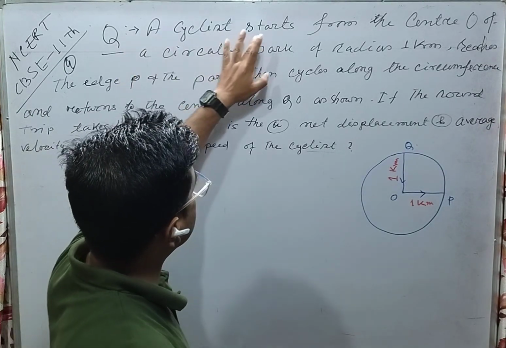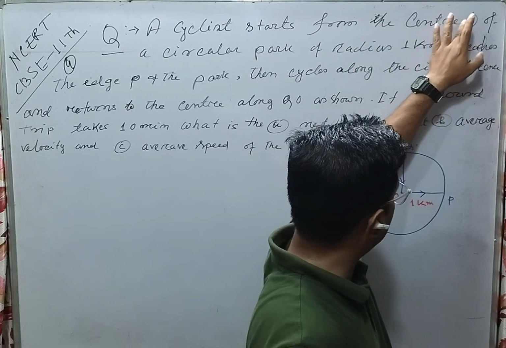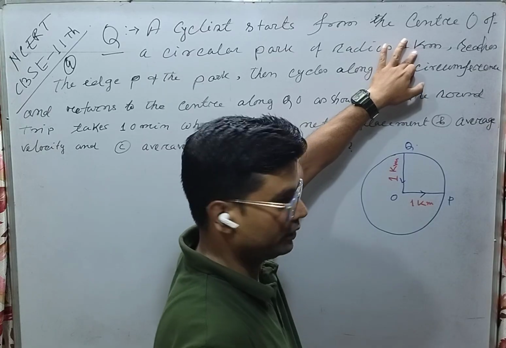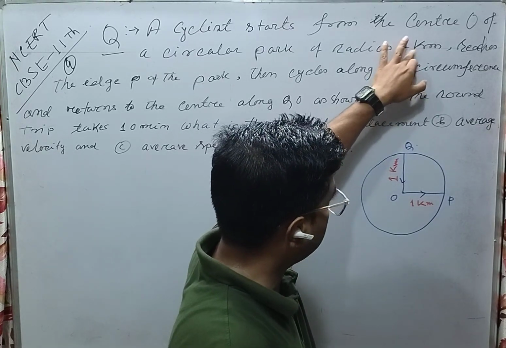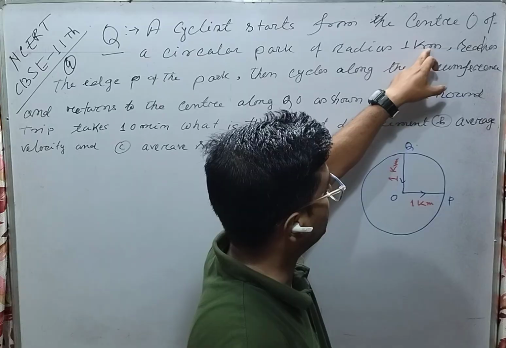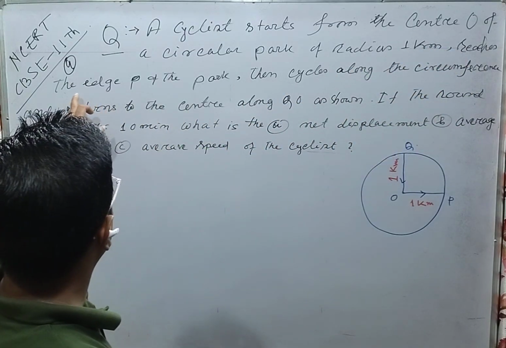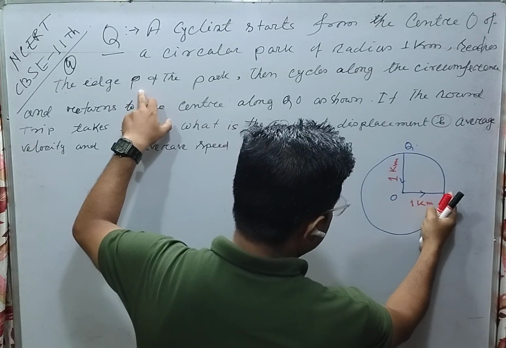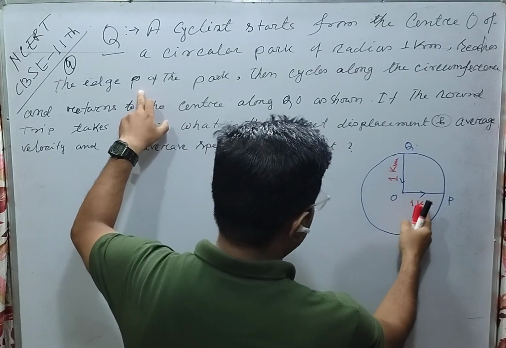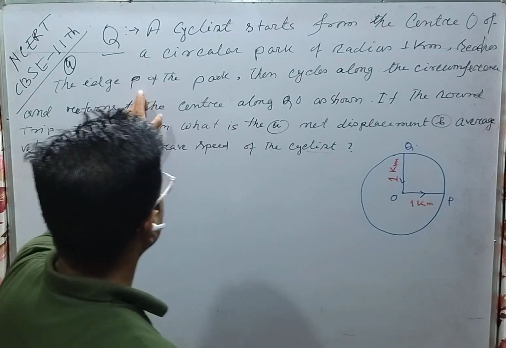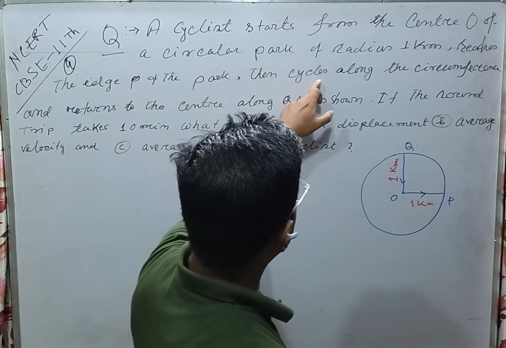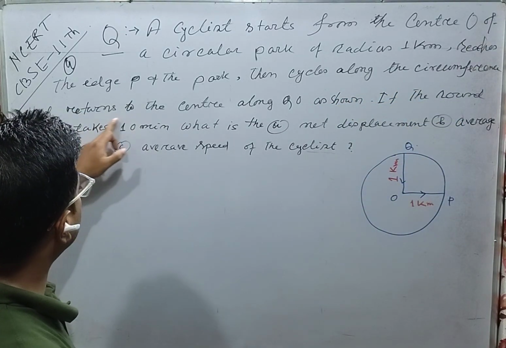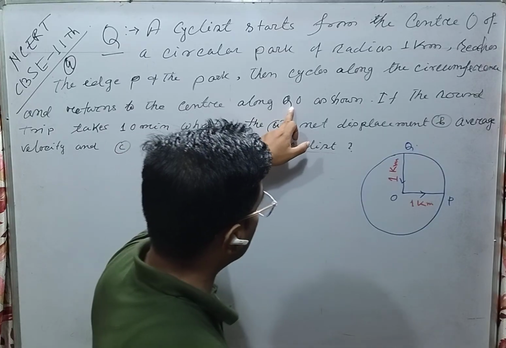Here is the question. A cyclist starts from the center O of a circular park of radius 1 kilometer. Remember, students, the radius of the circular park is 1 kilometer, and he reaches the point P, so OP is 1 kilometer, that is the radius of the circular park. Then he cycles along the circumference and returns to the center along QO.